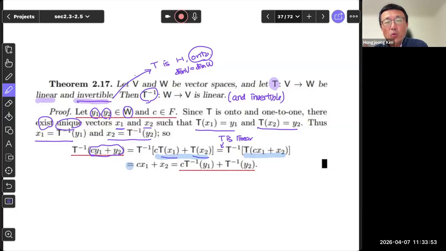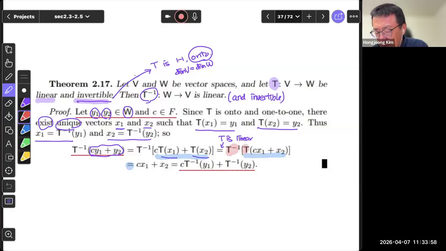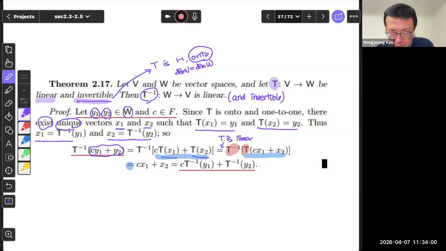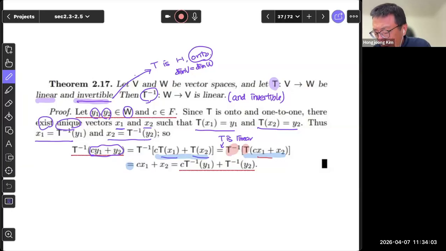Now at this step, I want to use the fact that T inverse is the inverse of T. Then whatever you have here, the composite of T inverse and T will send this vector to itself. And as I said, x1 is the image of y1 under T inverse, and x2 is the image of y2 under T inverse.